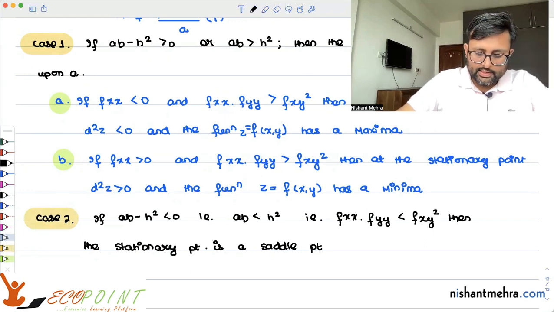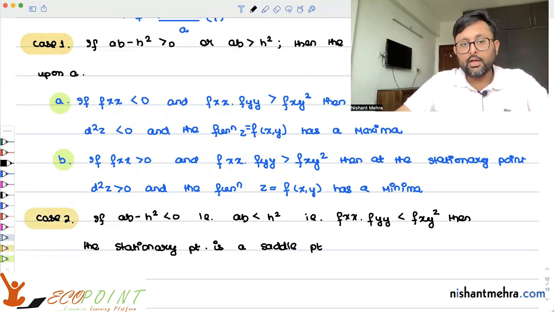The stationary point is a saddle point, and if ab minus h square is exactly equal to 0, then the criteria is going to fail. The point could be a point of maxima or a minima or a saddle point. So we don't know. Case 3. I'll be giving you a numerical example, which will help you to see these conditions easily, maybe in the next recording. This has already become very long.